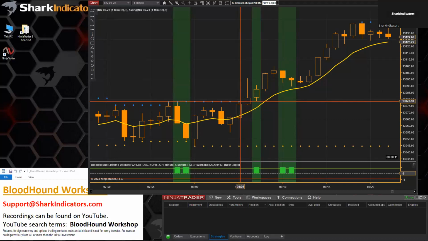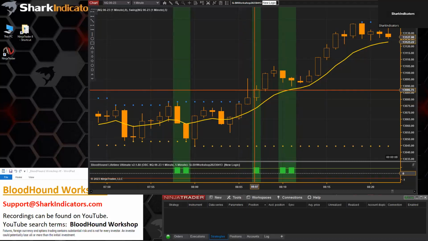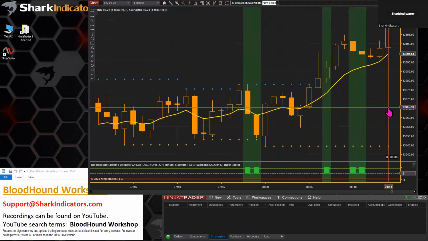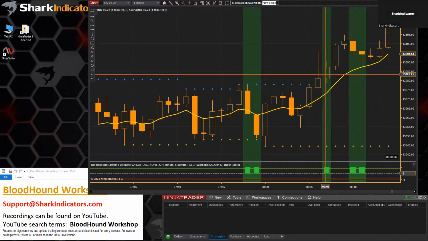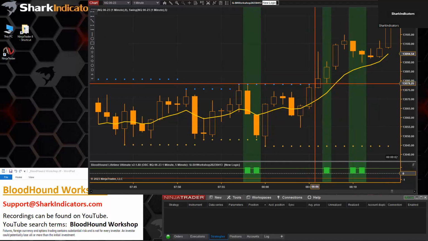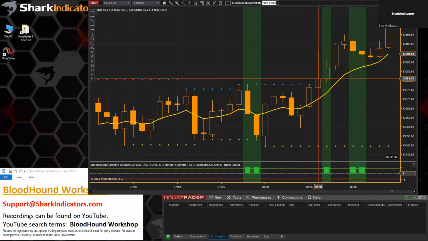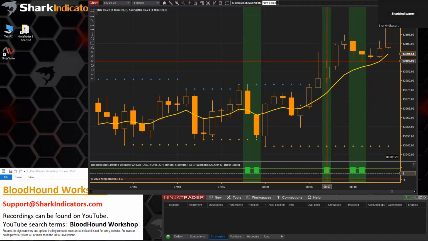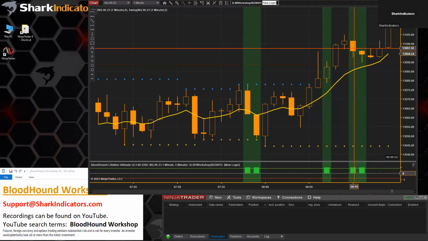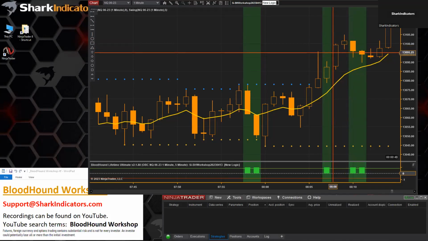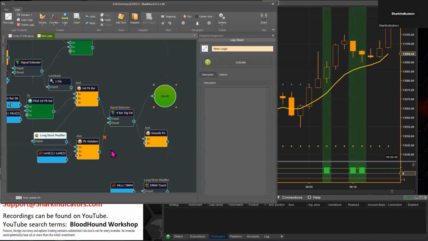Actually, this is a good example here. I didn't spot this at first. We get the swing high break, and then we get a lower high, so that starts the pullback. But look here, we got some other pullback signals afterwards. Let's see here.